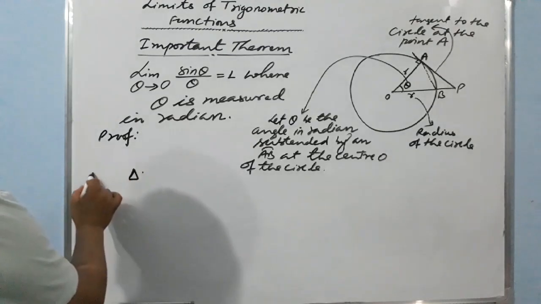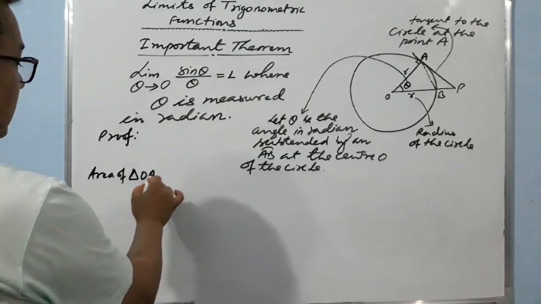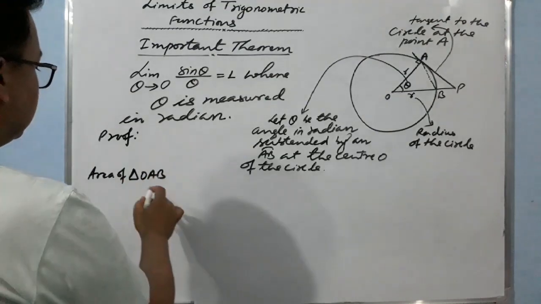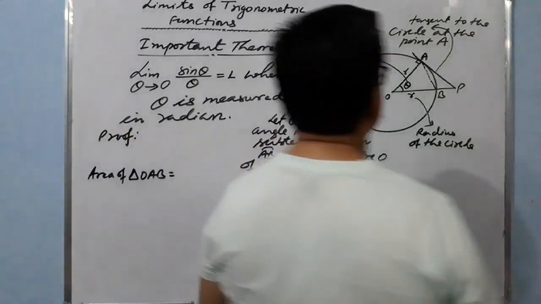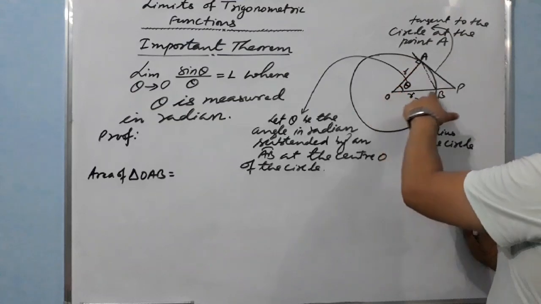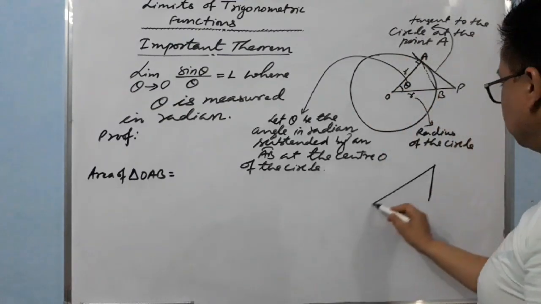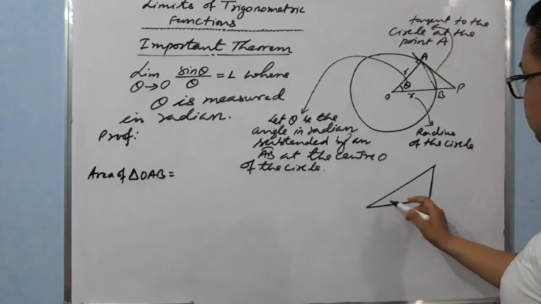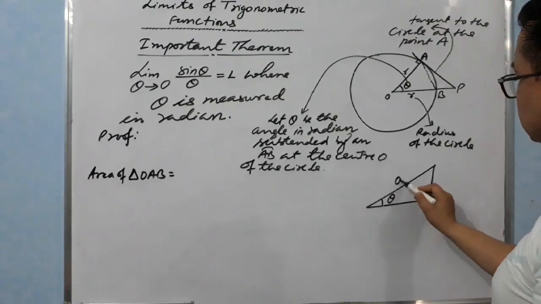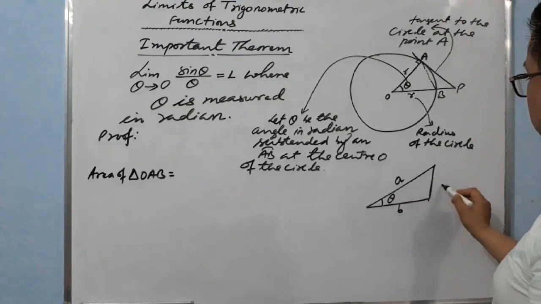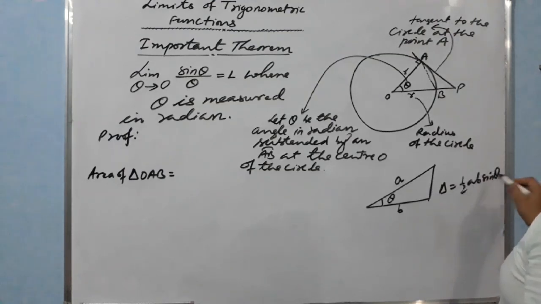Let's find the area of triangle OAB. In 10th class you might have studied this formula: if the angle is theta, and the sides are A and B, then the area of a triangle is equal to half AB sine theta.